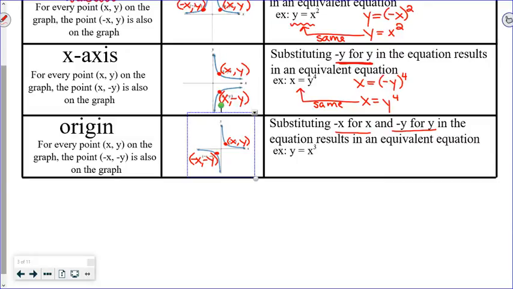My very basic example, and I think this is one of our better ones for showing the clean up, is this equation: y equals x cubed. So I plug in negative y for y and negative x for x, and I clean it up.